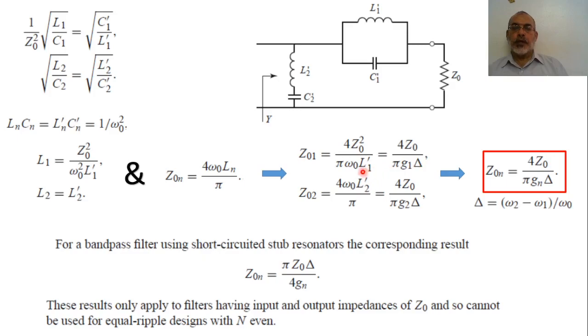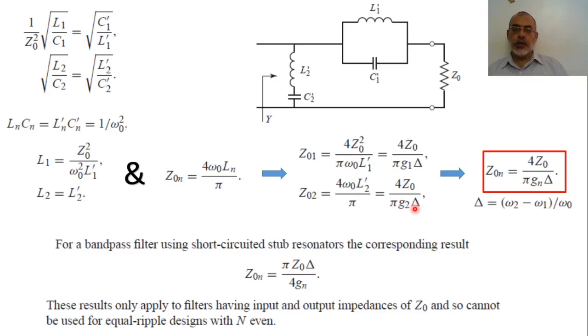So by inserting the value of L1 dash in terms of G1, Z01 would be 4 Z naught over pi G1 delta, where G1 is the first element of the low pass filter prototype, and Z02, the characteristic impedance of the second stub, would be 4 Z naught over pi G2 delta.